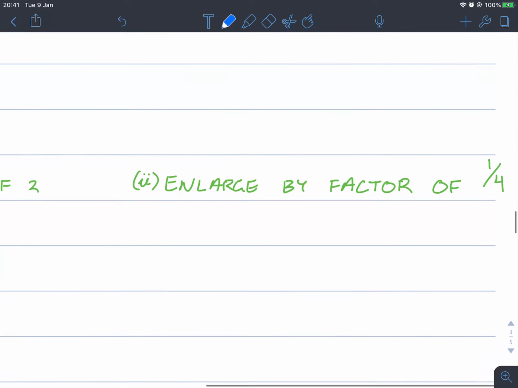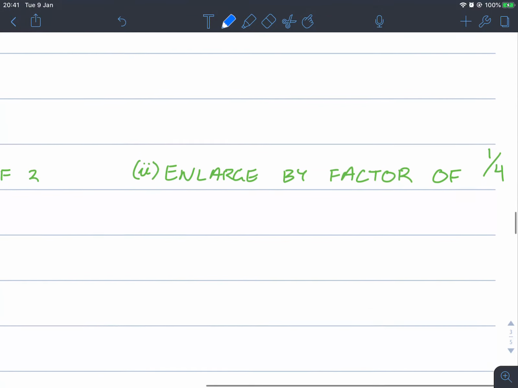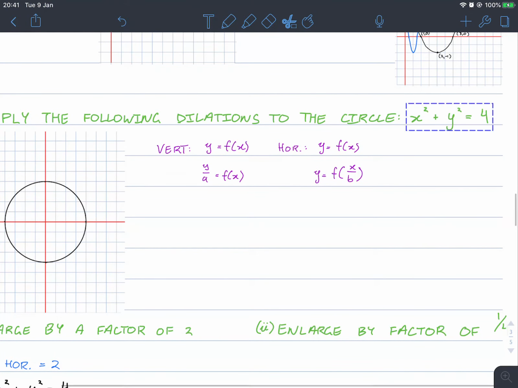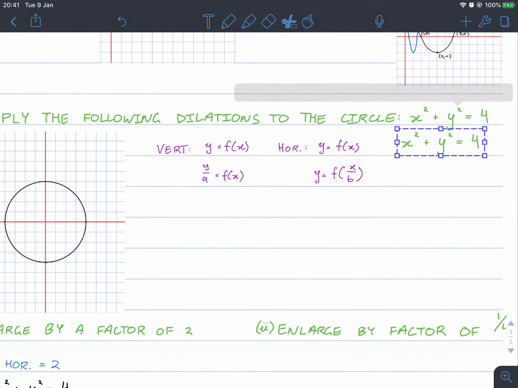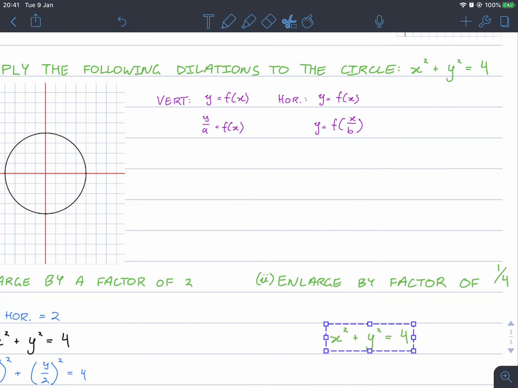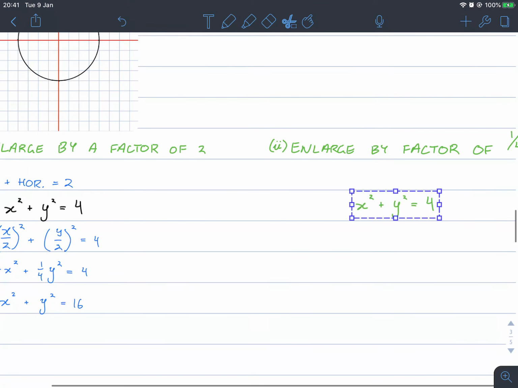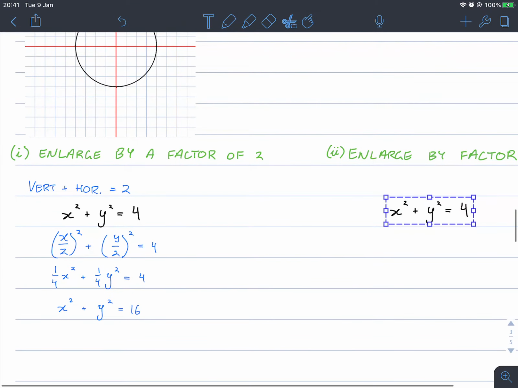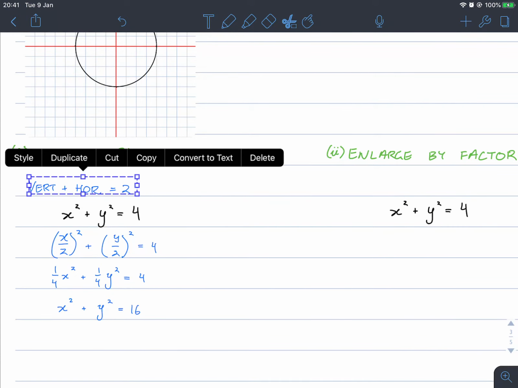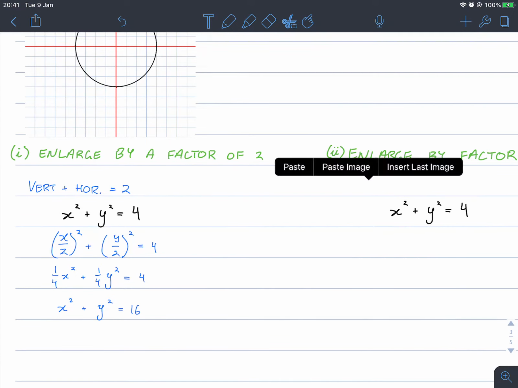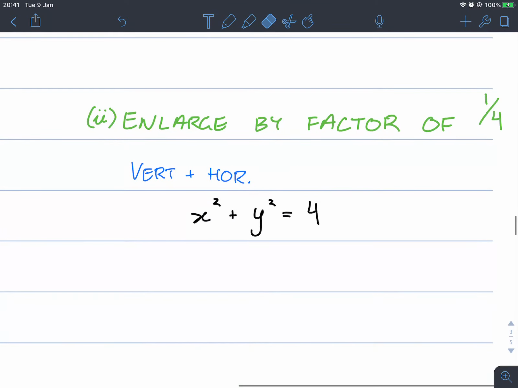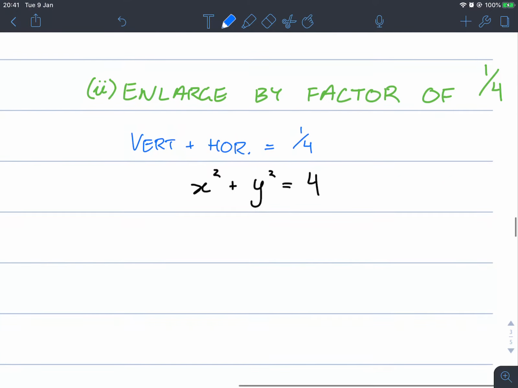Let's enlarge this by a factor of 1/4. Okay, so this time let's take a look. Let's duplicate this. It's a very similar style of question. It is a vertical and horizontal dilation, except this time the factor we are using is going to be 1/4.